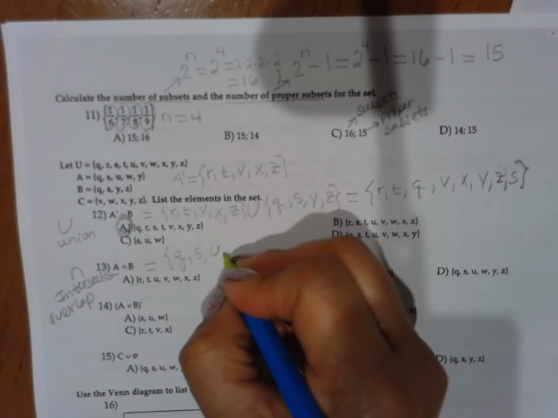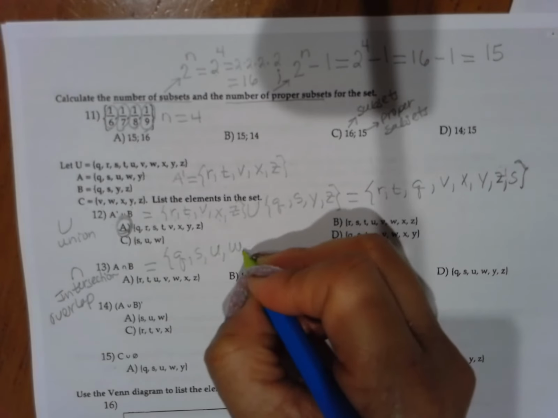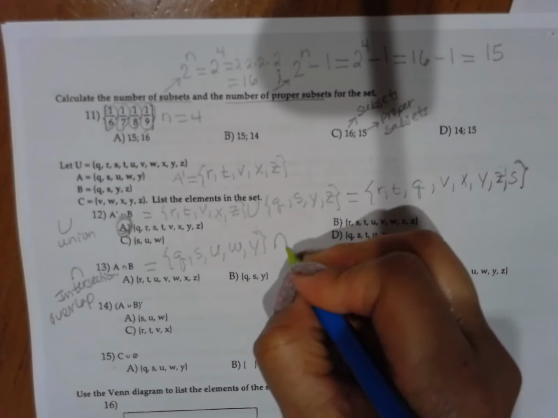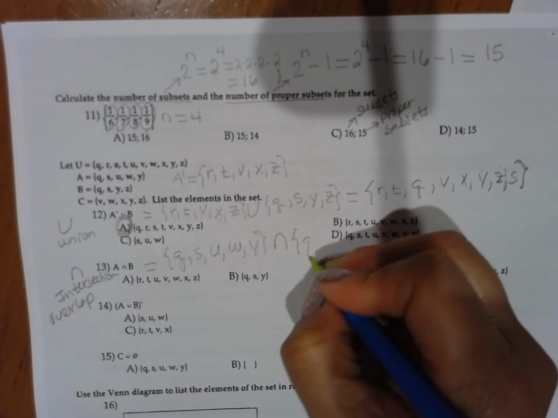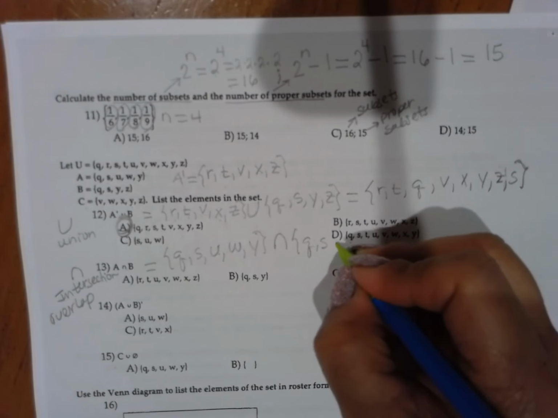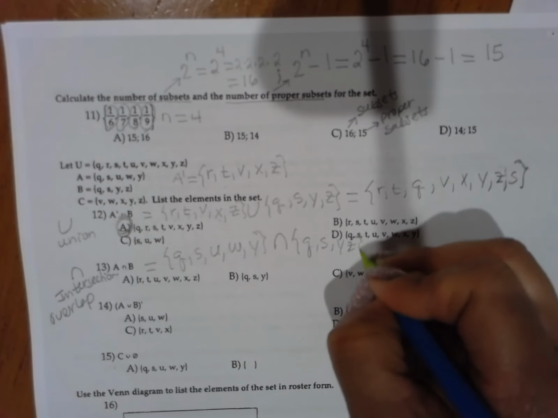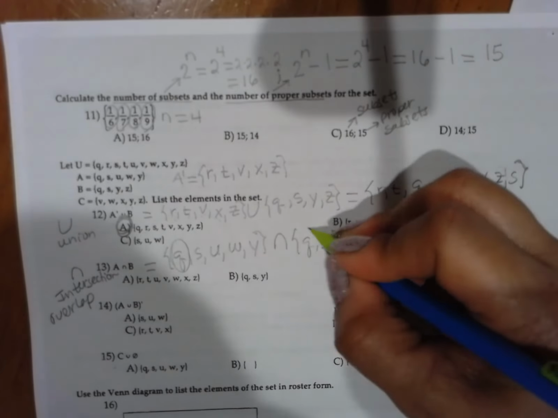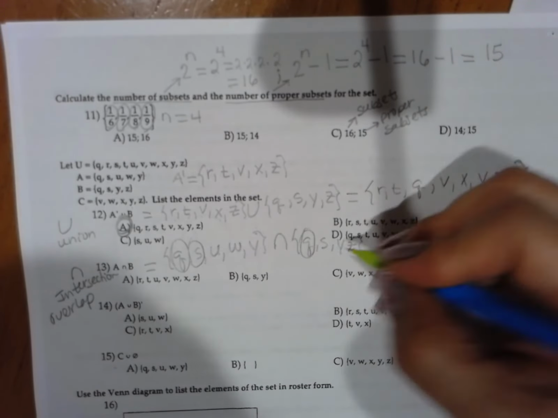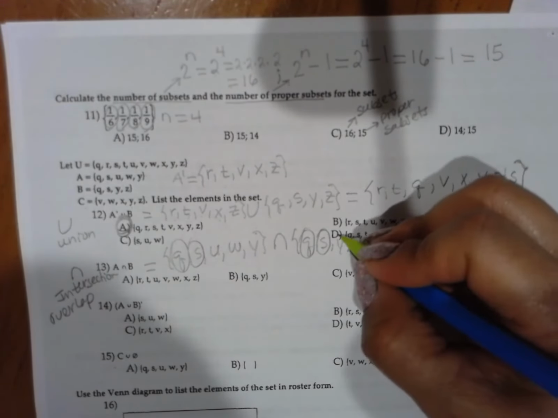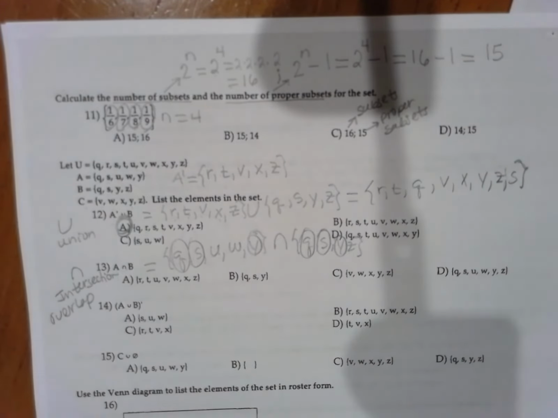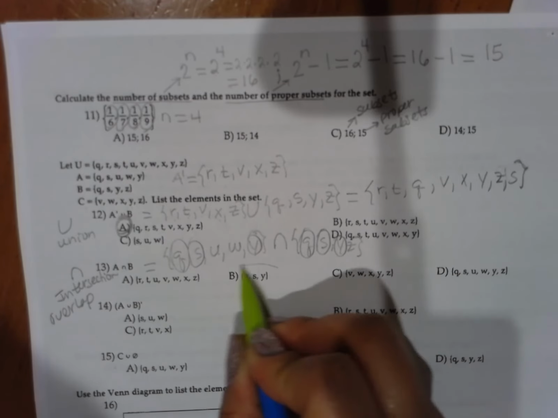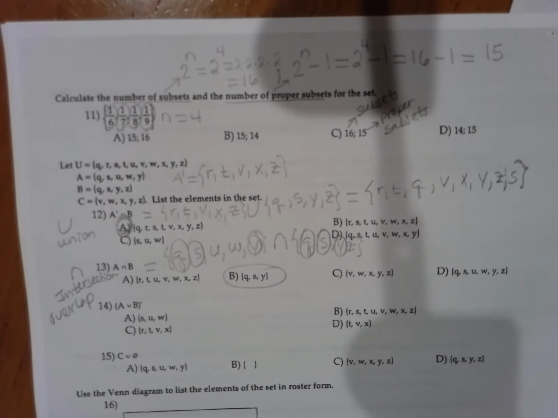Q, S, U, W, Y. That is set A. And this one is intersection with set B, Q, S, Y, Z. So intersection is what they have in common. They both have a Q, they both have an S, they both have a Y. So it will be Q, S, and Y that will be good. Letter B, the correct answer.